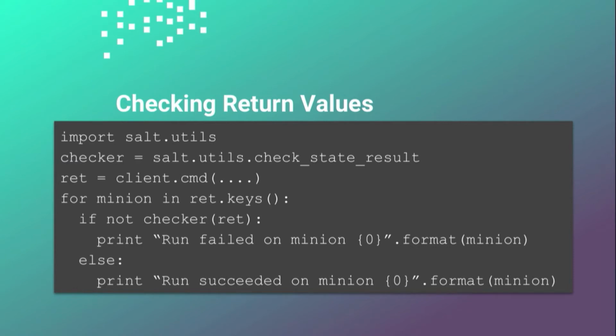So what's going on here is we do a call, we get back our list of return data objects, and then we enumerate over each one of those objects. We take that return data that's inside that minion Python dict, and we just hand it off to this library that we don't have to write or maintain, we just use it. And we get back failed or succeeded, and that's it. Super easy.